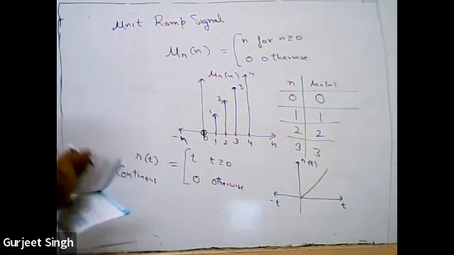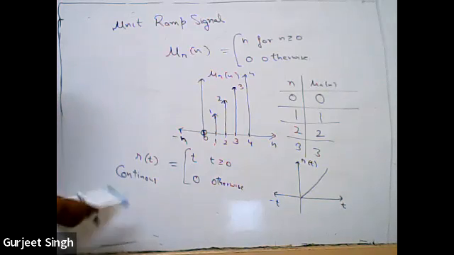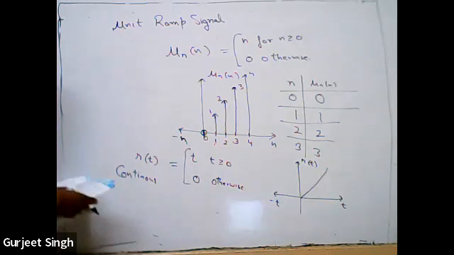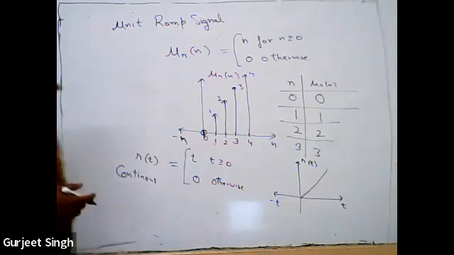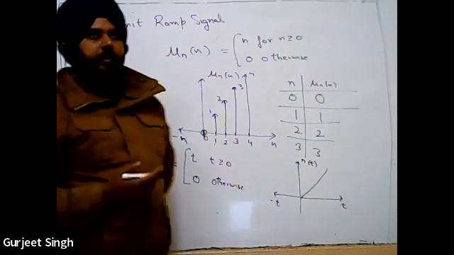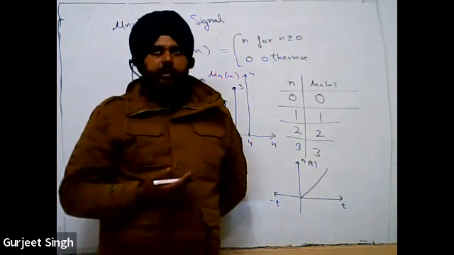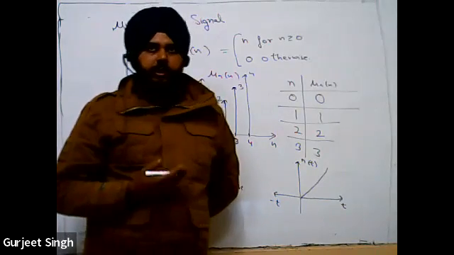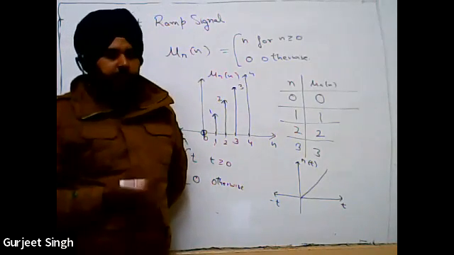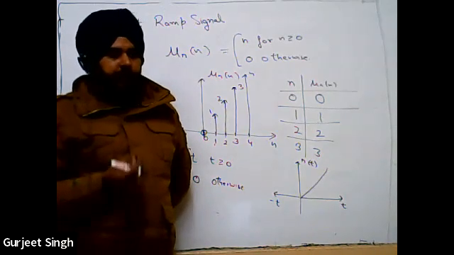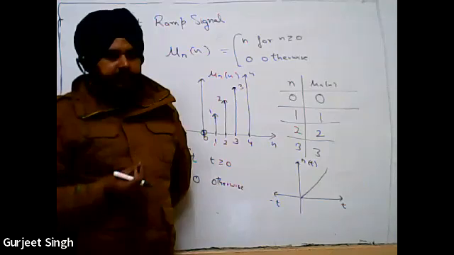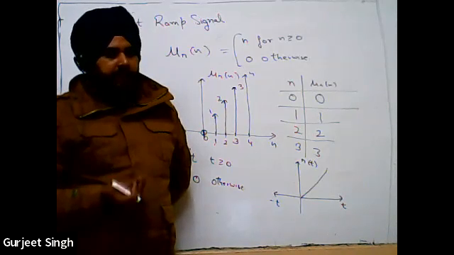Next, we have the relationship between the unit step, unit ramp, and the unit delta function. The examiner mostly asks in objective type questions or theoretical questions, perhaps a 2 mark question: what is the relationship between the unit ramp signal, unit step signal, and the delta function?